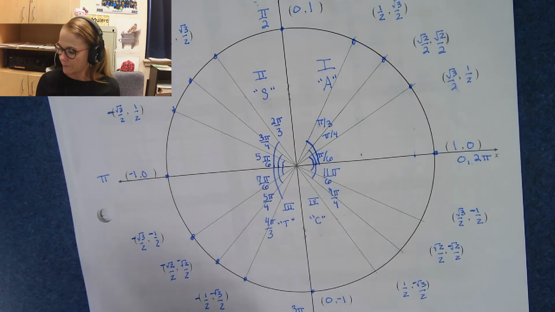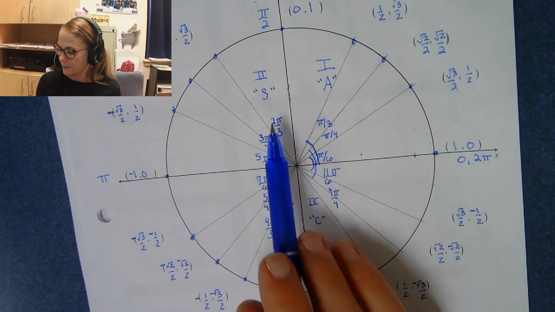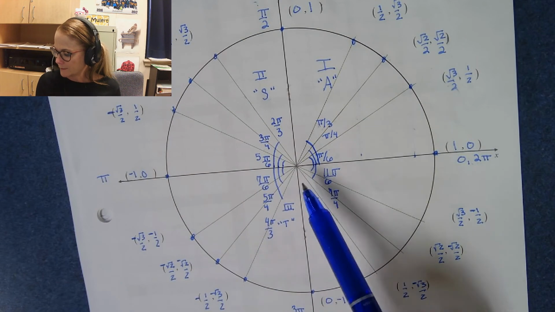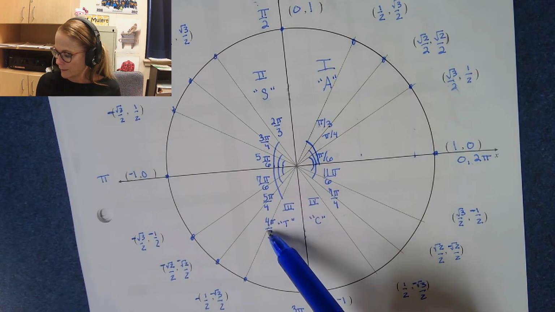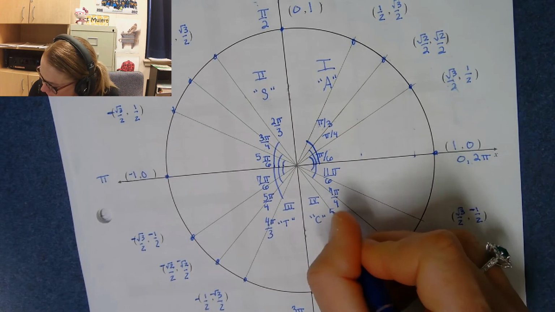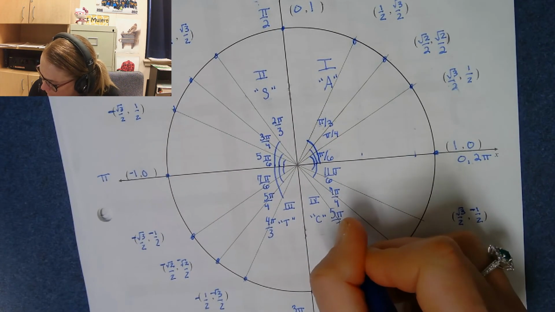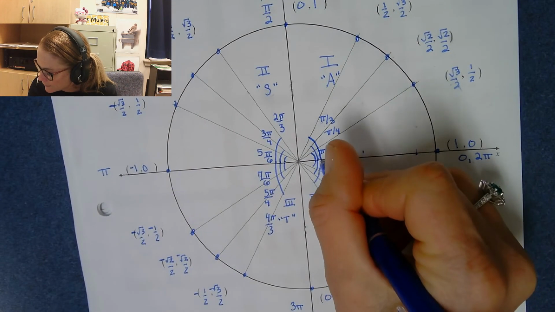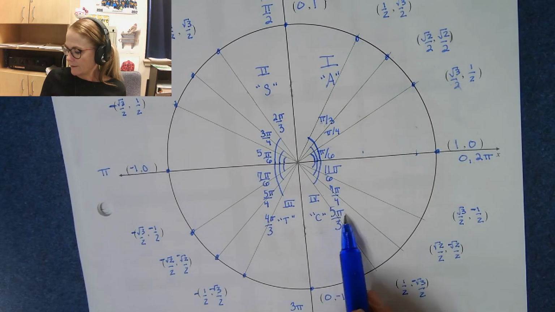Okay, and then 5 pi over 3 jumps right here. 5 pi over 3 is this one. And that's referencing to the x-axis.